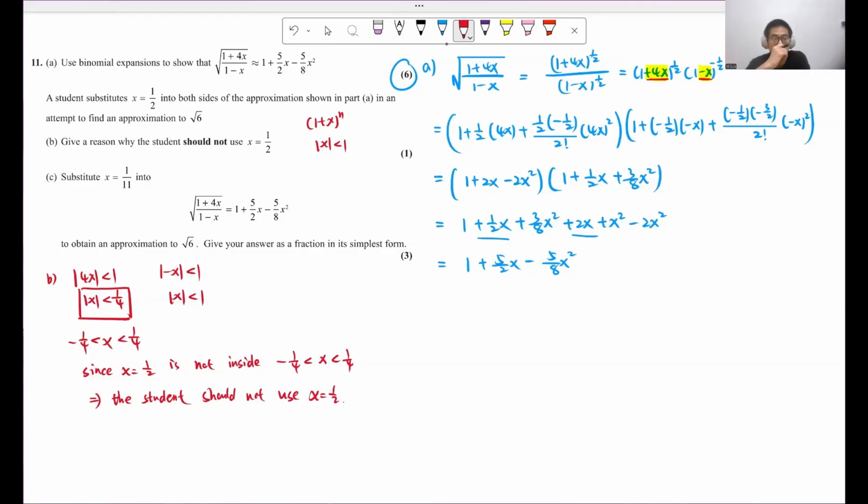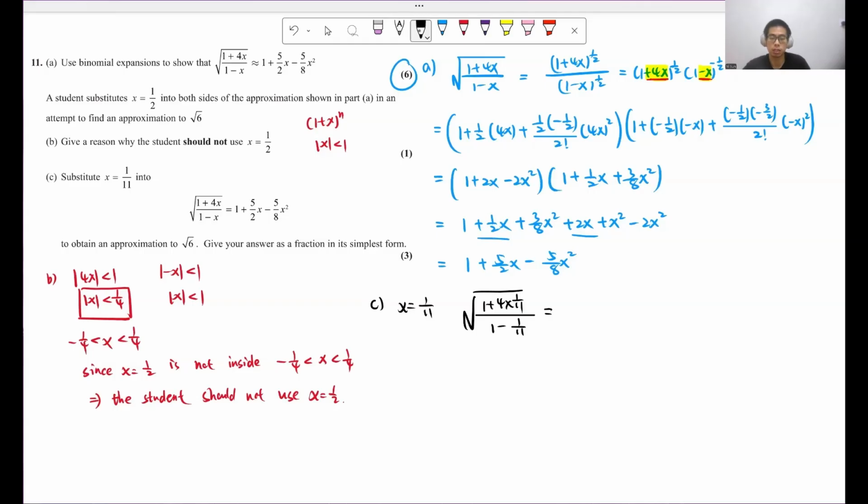And then for part C, substitute x equal to 1/11. 1/11 is fine because 1/11 is between negative 1/4 and 1/4. They want us to use x equal to 1/11 to find an approximation for root 6. Okay, so if x equal to 1/11, that means the square root of (1 plus 4 times 1/11) divided by (1 minus 1/11).